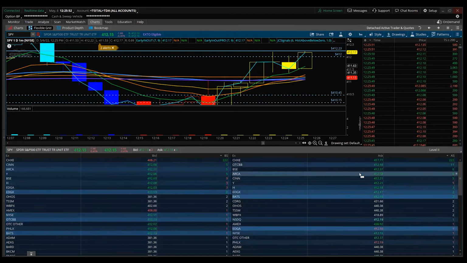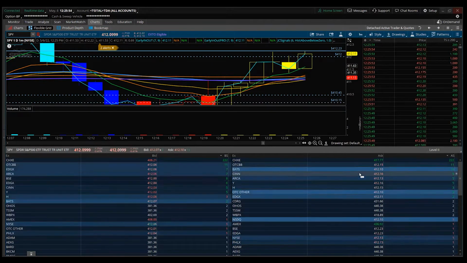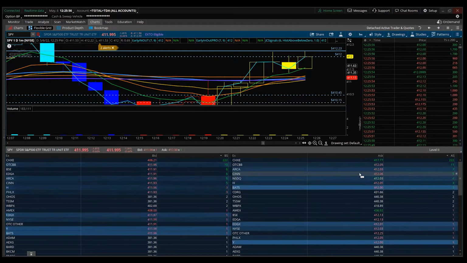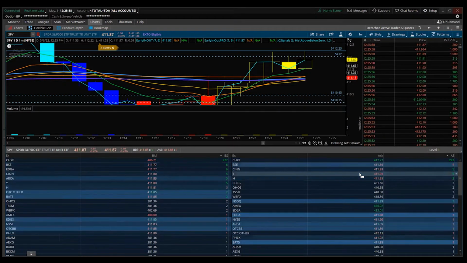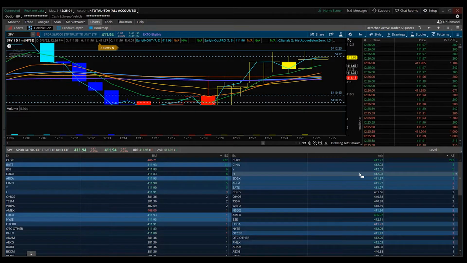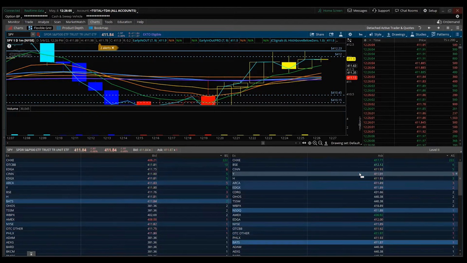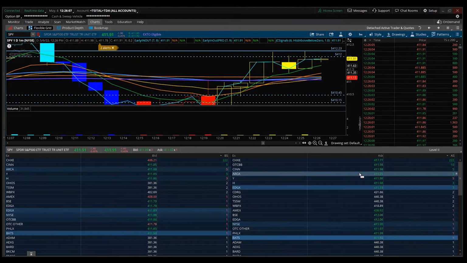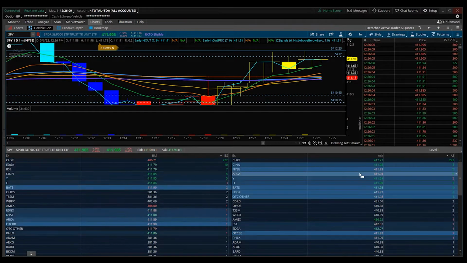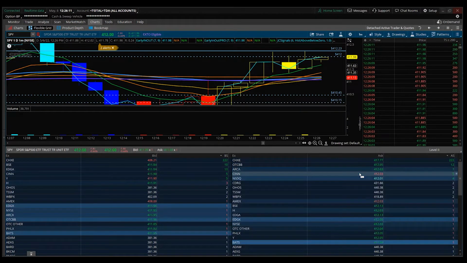So this way, like we said before, you sell into the pops, not on the pullbacks. As an option trader, you want to take advantage of the IV, because when you sell into the pops, the IV is more in your favor. Thus, your contracts are more expensive and you can get a better deal, right?